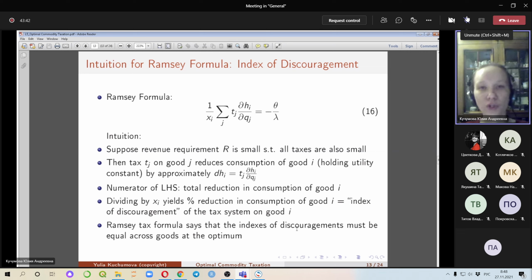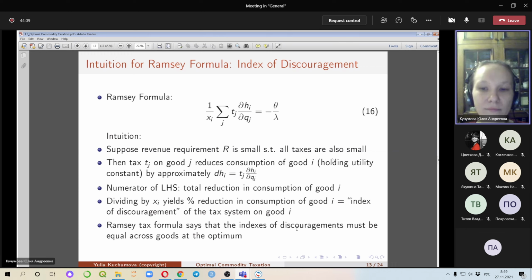Our goal is to choose taxes optimally. When that occurs, when the percentage reduction in consumption of all goods is the same, this is the intuition behind the Ramsey formula. So, questions?